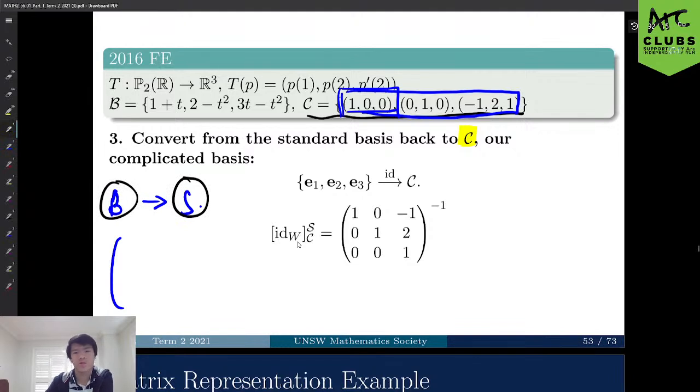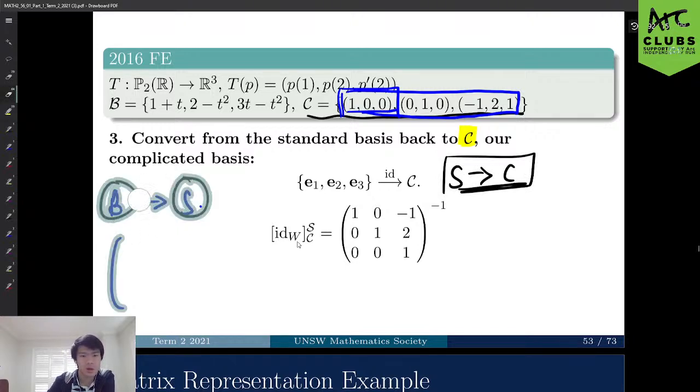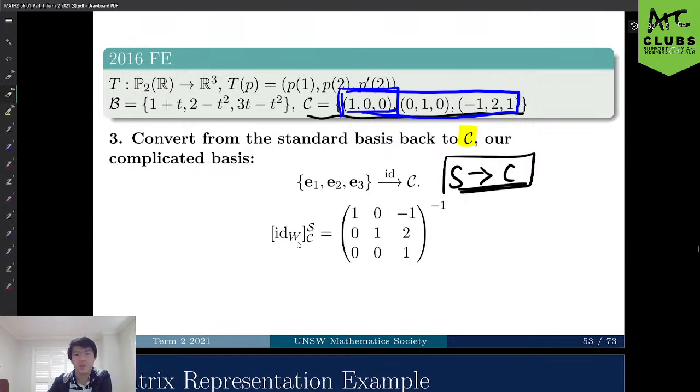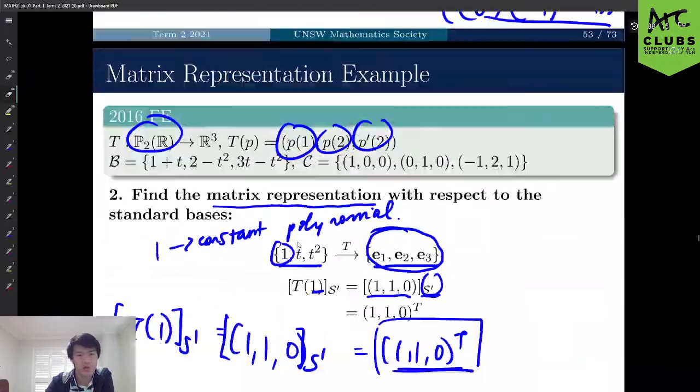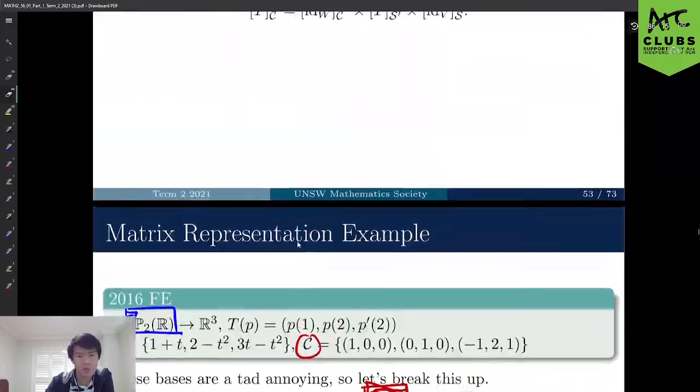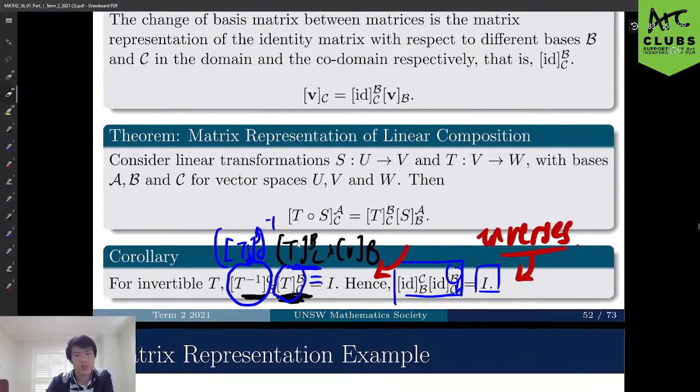Right? Now we want to convert from S to an annoying basis. That's the other way around. So we might try to do it by the indirect method, but we realize that what we can do is, remember our property from before, if we want to convert something from one basis to another, and then we want to convert it back, we just take the matrix inverse.